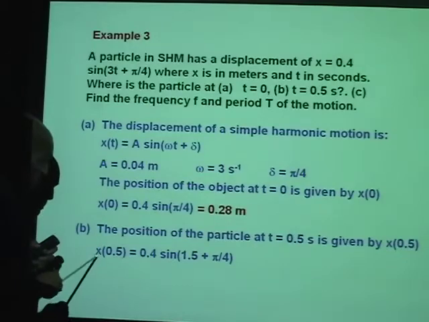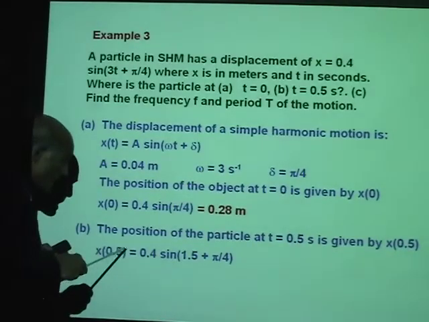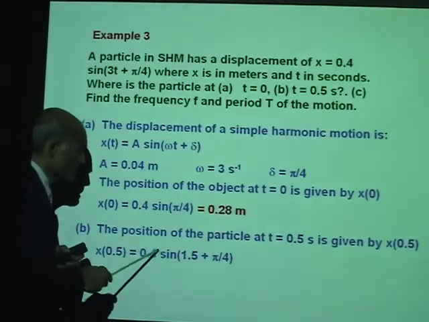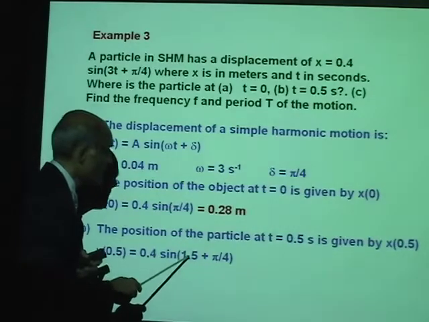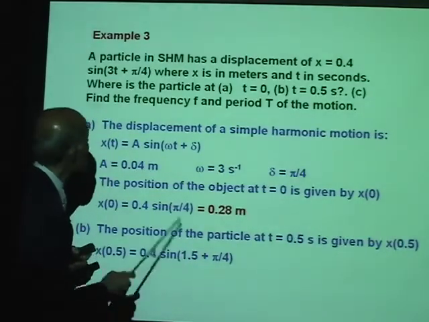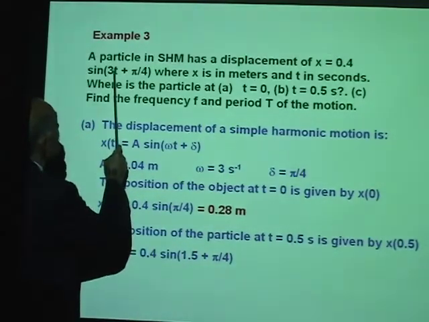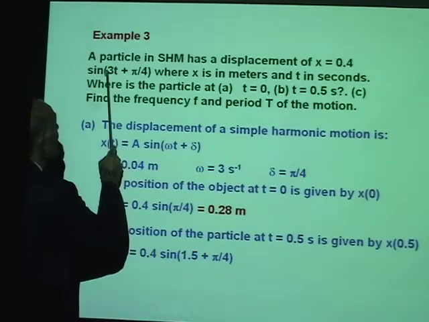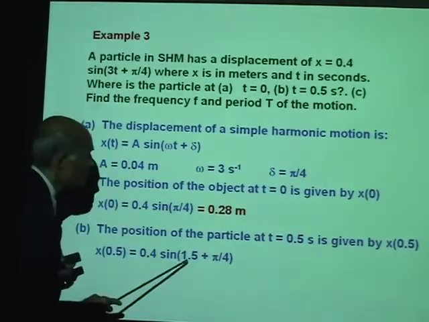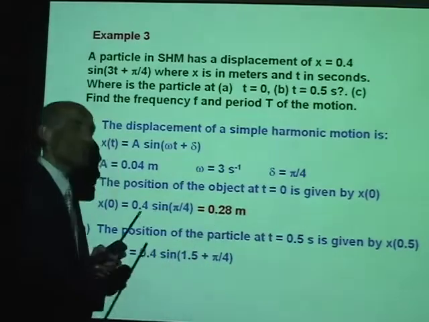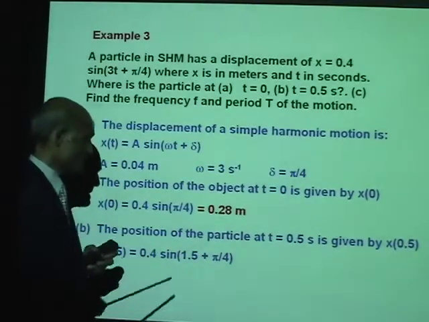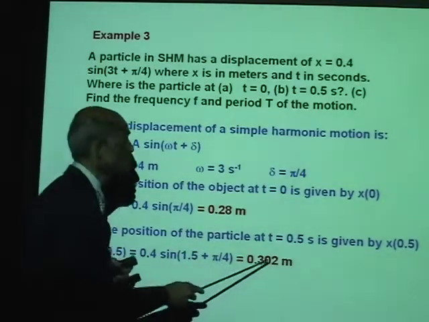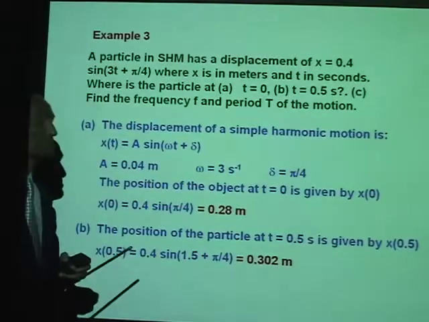The position x when time t equal to 0.5 is 0.4 sine omega t, 3t. You see, I put t equal to 0.5. 3 times 0.5 is 1.5 plus pi by 4. All right, let's calculate that. It gives me 0.302 meter.